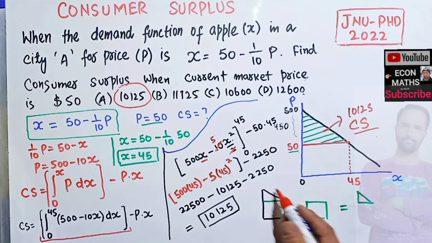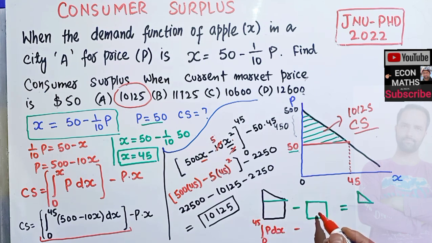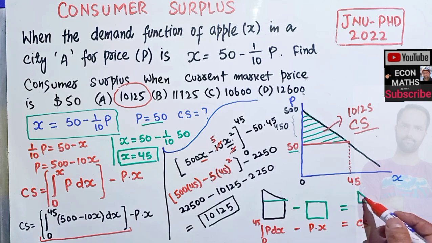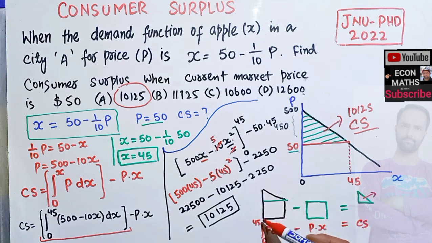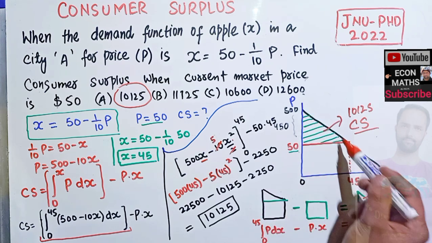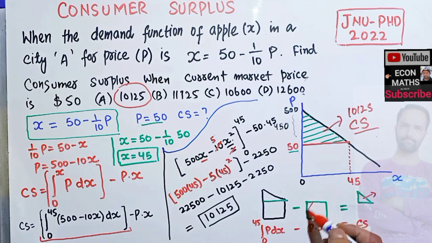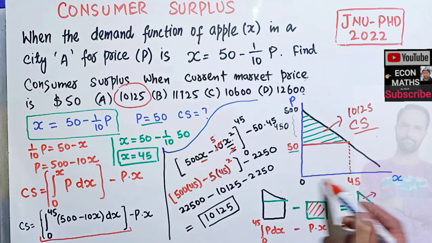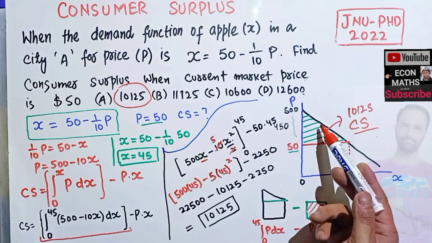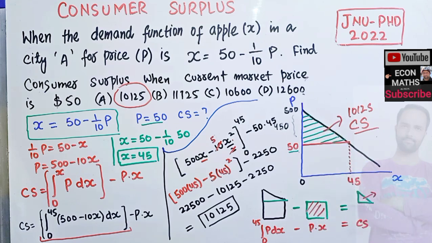So the area of this is simply the definite integral from 0 to 45 of the demand function. To this we subtract the total expenditure, that is P into x, and we are left with the consumer surplus. From this area we subtract this rectangle and we are left with the upper right triangle, that is our consumer surplus.